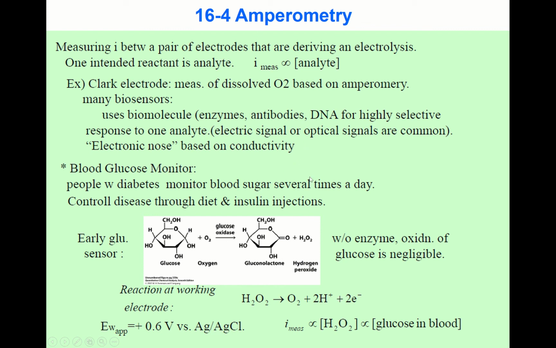Usually, in electrochemistry, we receive an electric signal, but optical signals also may be used. That is on the basis of spectrophotometry. Here is the electronic nose. The electronic nose mimics our nose.